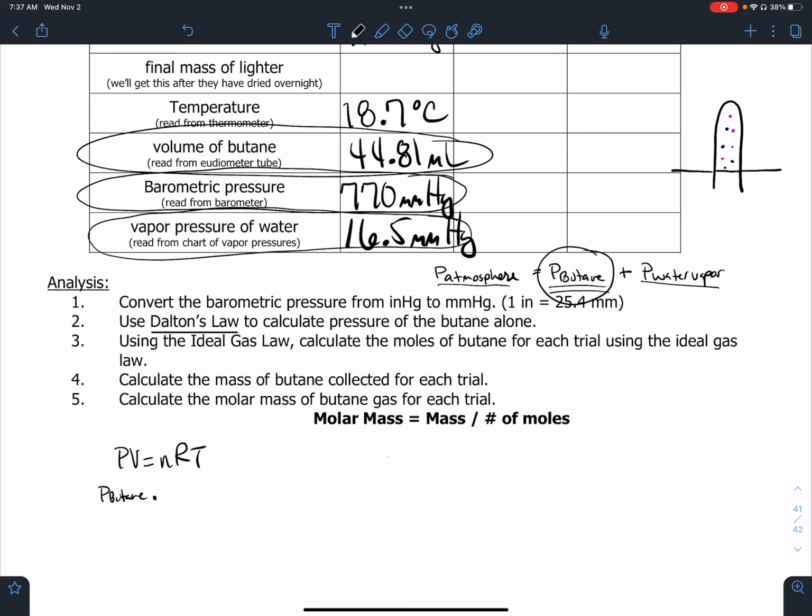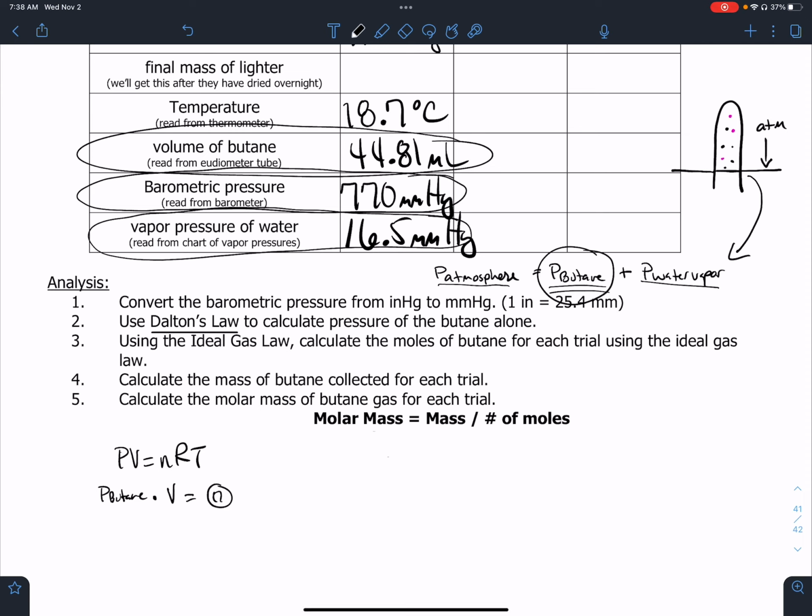And this is why: we wanted atmospheric pressure to be the overall force limiting that volume, so that we could then later say that this volume is accurate, based on our knowledge that the butane and the water vapor are pushing directly against the atmosphere. We want to have the level of the water equal to that of the atmosphere. So that was something that I asked everyone to consider in lab. But we have our volume, so you can just plug that in.